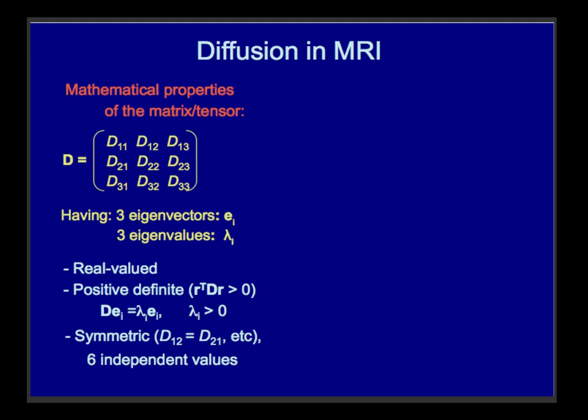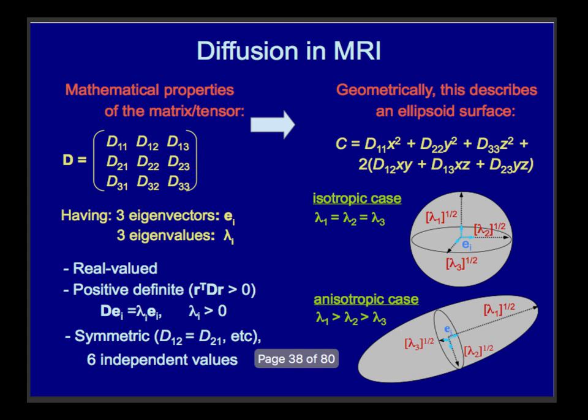So this is everyone's favorite thing to look at mid-afternoon after lunch, after a couple hours of lecture: mathematics. So eigenvectors and eigenvalues, and this is all very nice. I just put this up here to say that there are real quantitative mathematical properties, but the nice thing, especially from the point of view of giving a talk, is that having a 3x3 matrix with these properties is the same mathematical structure as ellipsoids.